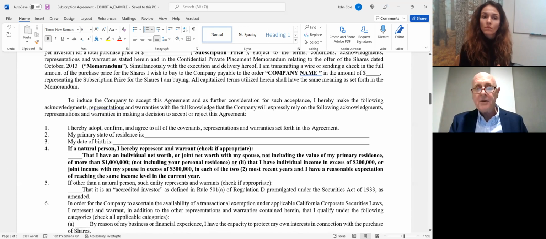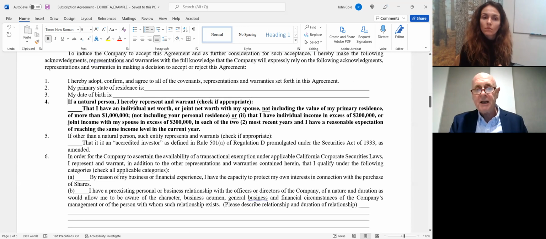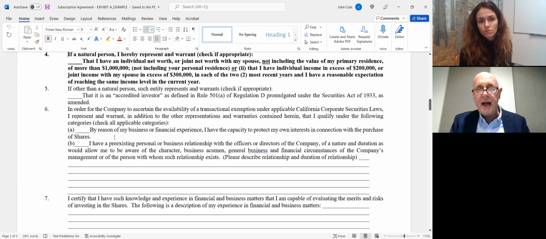But it goes down here in all these boxes you check. If other than a natural person, such entity represents and warrants, check if appropriate, that I am an accredited investor under Rule 501 of Regulation D under the Securities Act of 1933. And then you go down here and you check all the other appropriate boxes.